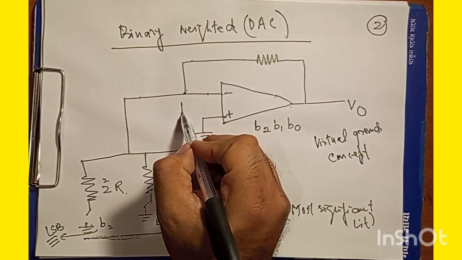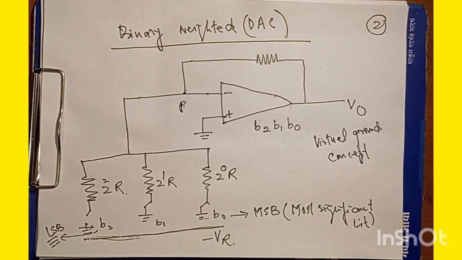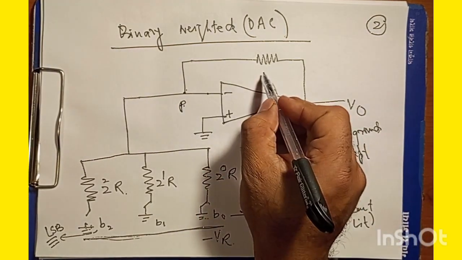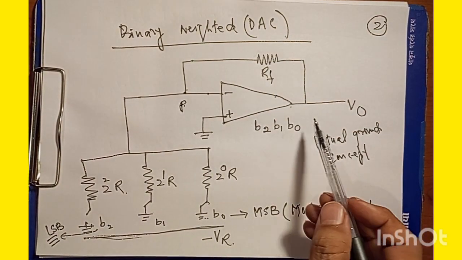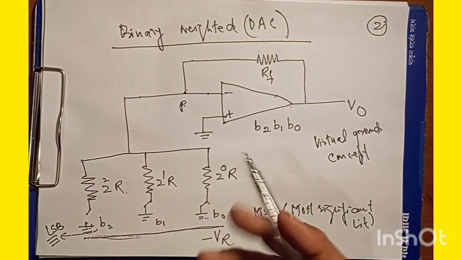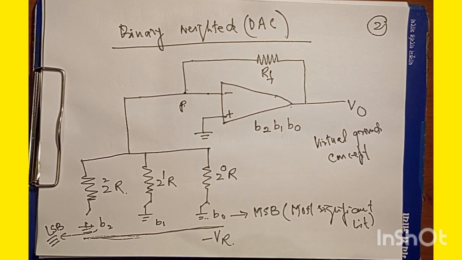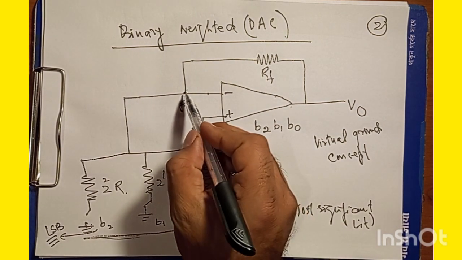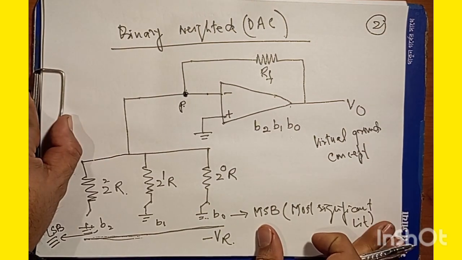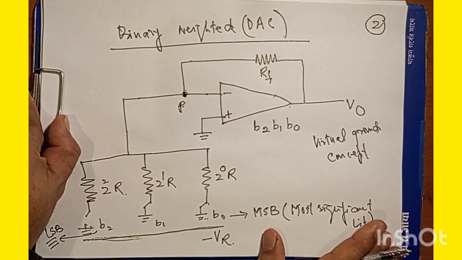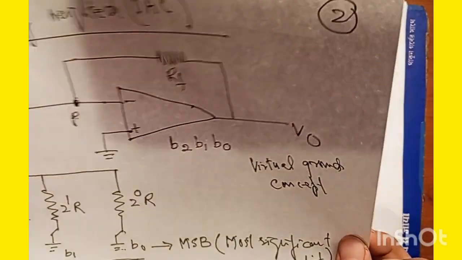So this is my junction. You can think of this junction as P. This is my feedback resistance, RF, and we can immediately think in terms of a nodal equation, the equation which comes out by exploiting a junction.